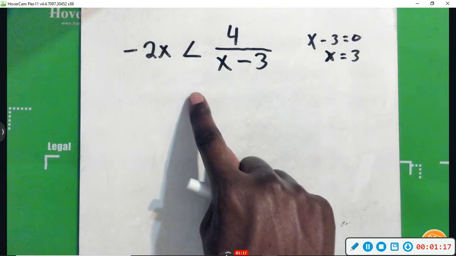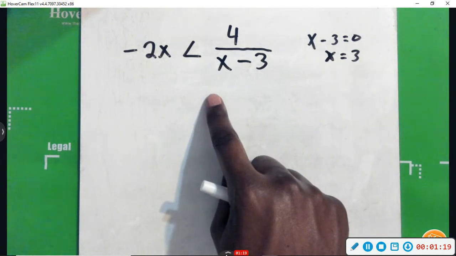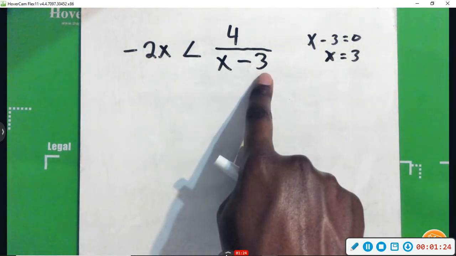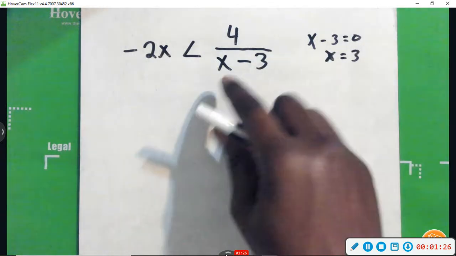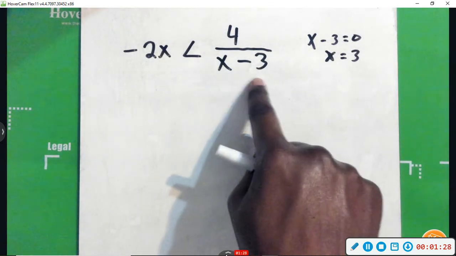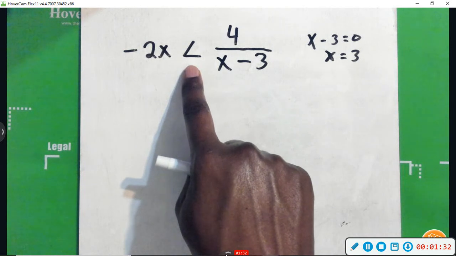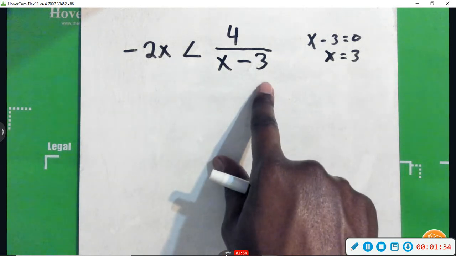And then from there I will set this whole thing equal to 0. Now the Hawkes system does it a little bit different, but I'm going to multiply by x minus 3. You have to be careful because depending on what the value of x is, this sign would flip. But for all purposes, I'm just doing it to find the critical values.